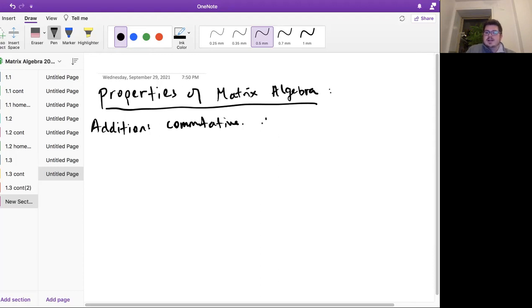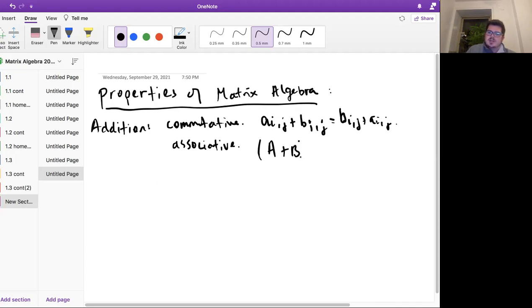That was because Aij plus Bij was equal to Bij plus Aij. We proved that it was associative. I won't do that one, but it was A plus B plus C is equal to A plus B plus C.